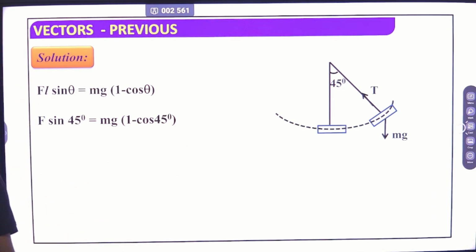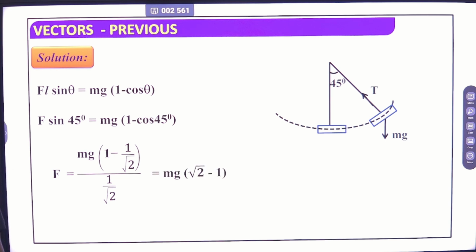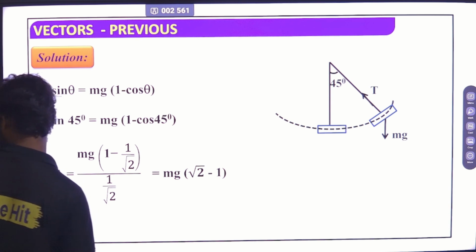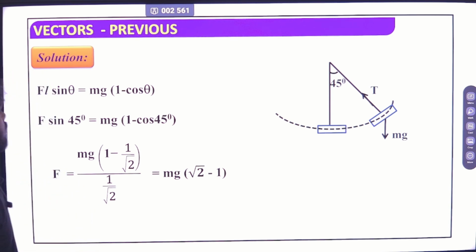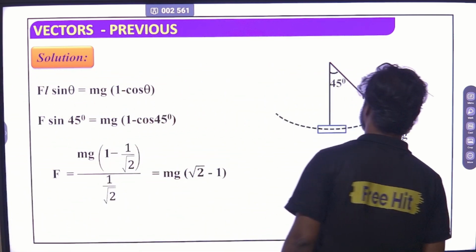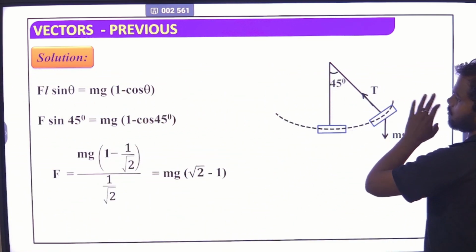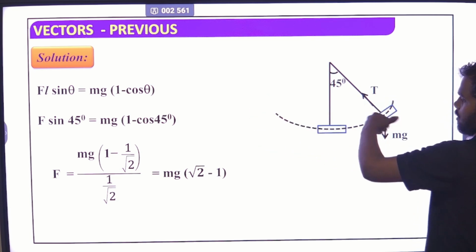From here we can calculate our force, and the value we get is mg into root 2 minus 1. Is it clear or not? A simple step: apply the horizontal force and then take the components normally.